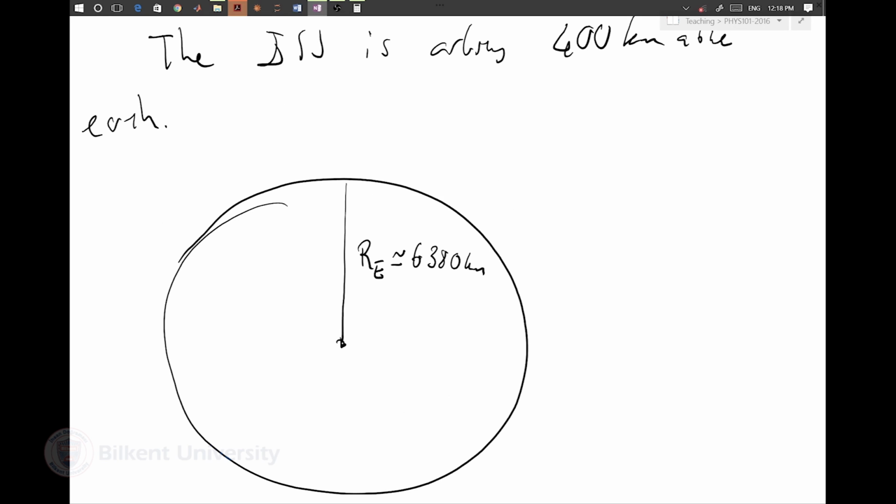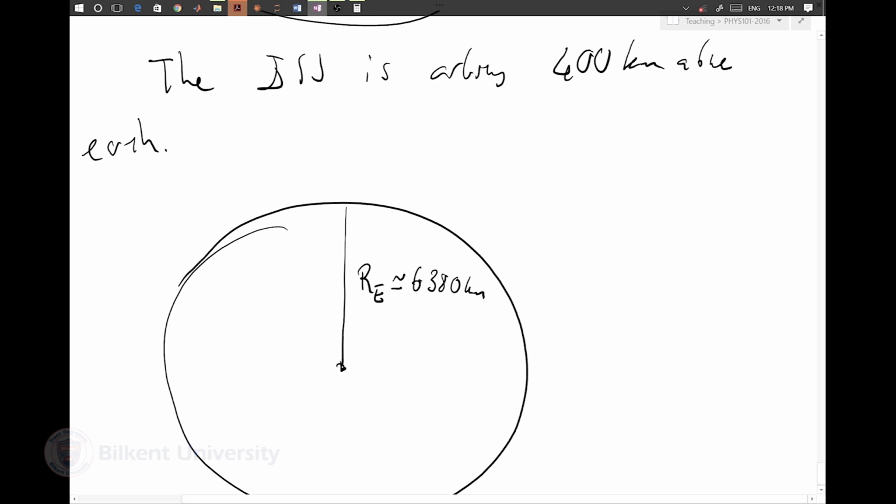How about the International Space Station? It's just 400 kilometers. If I try to be on scale here, so here is my International Space Station. So this is 400 kilometers.